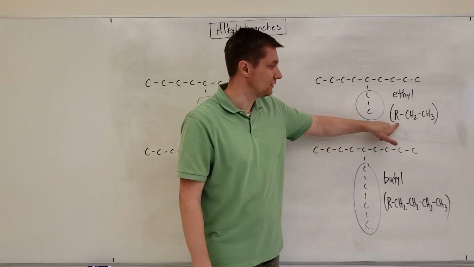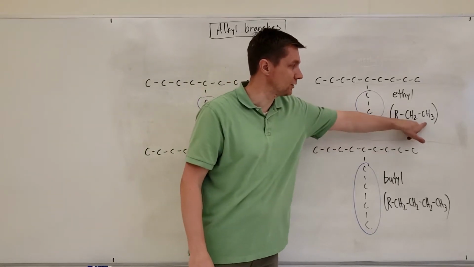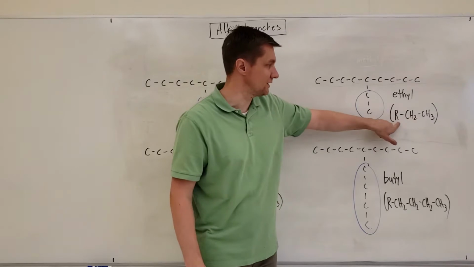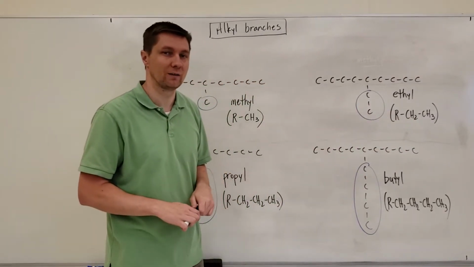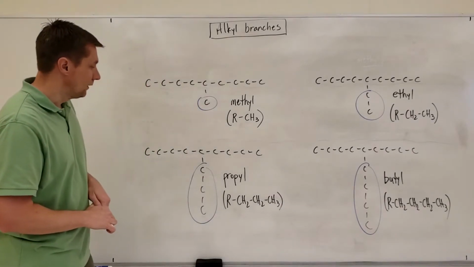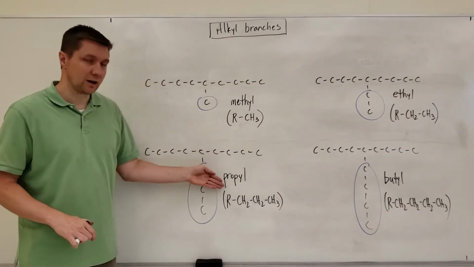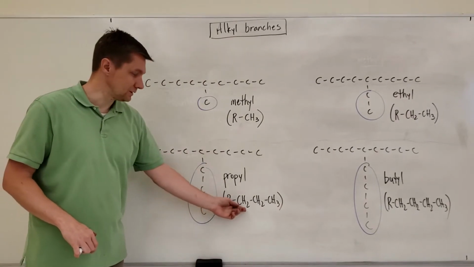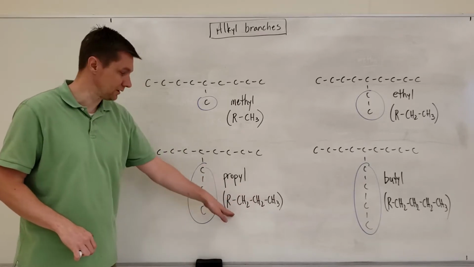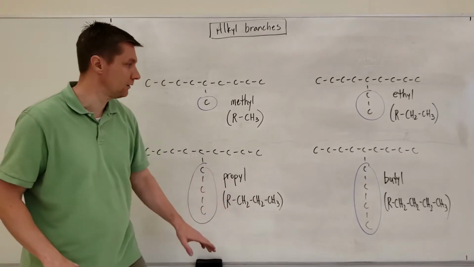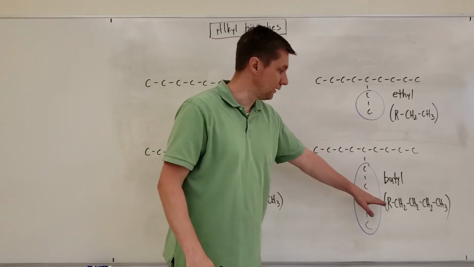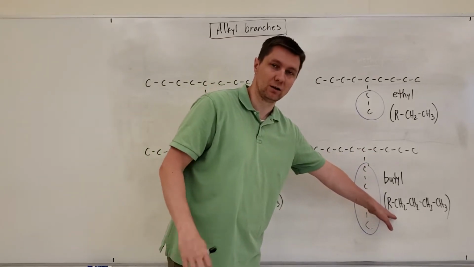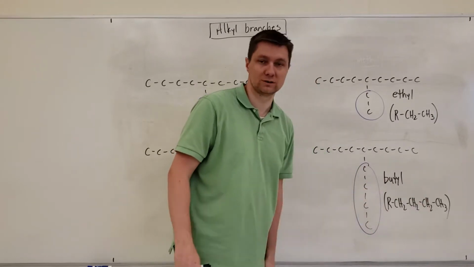And so again, some ethyl branch, CH2CH3, attached to some long chain of carbons, which is just denoted by the letter R. If I'm 3 carbons long, I call that propyl. Again, CH2CH2CH3, attached to some parent chain R. And the last one is 4 long, butyl, attached to some parent chain R with 4 carbons long.